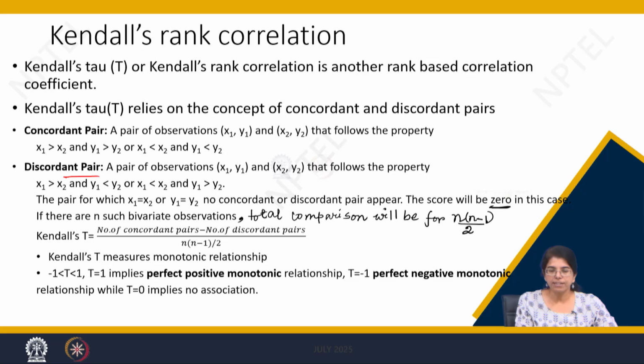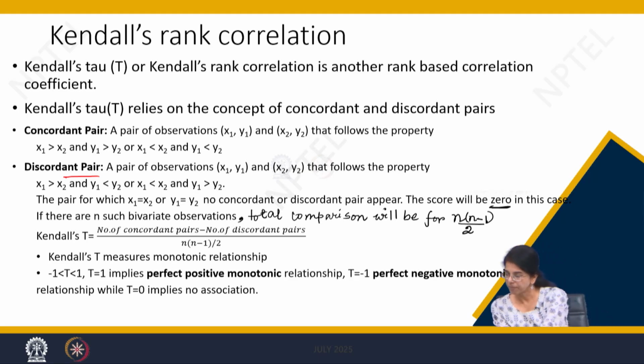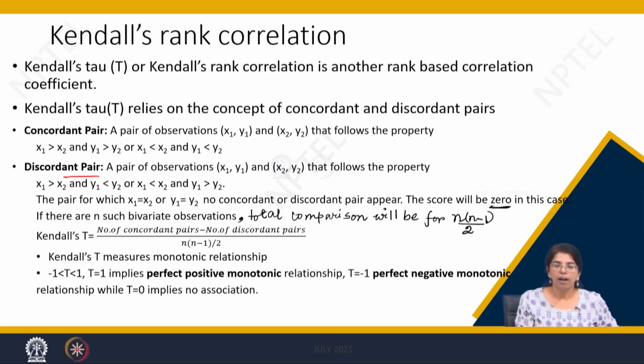On the contrary, discordant pairs are pairs of observations x1, y1 and x2, y2 that follow the property x1 greater than x2 and y1 less than y2, or x1 less than x2 and y1 greater than y2. So in the concordant pairs, the inequality remains the same, while in the discordant pairs, the inequality is reversed.